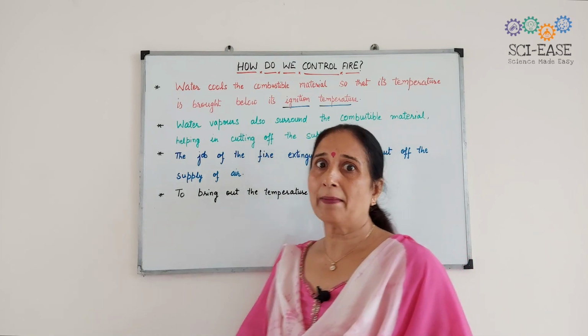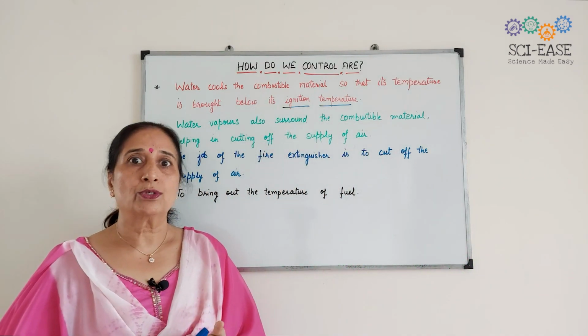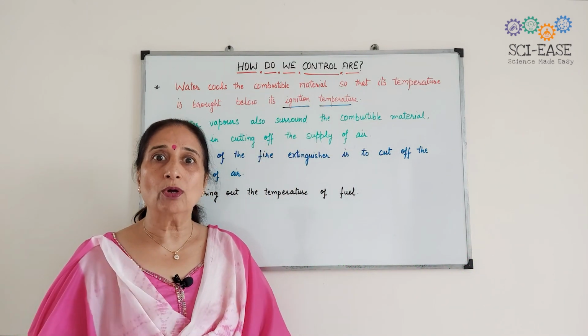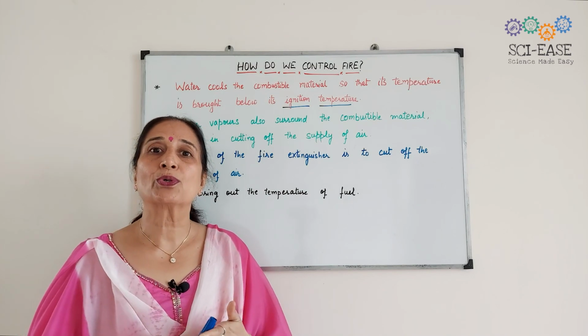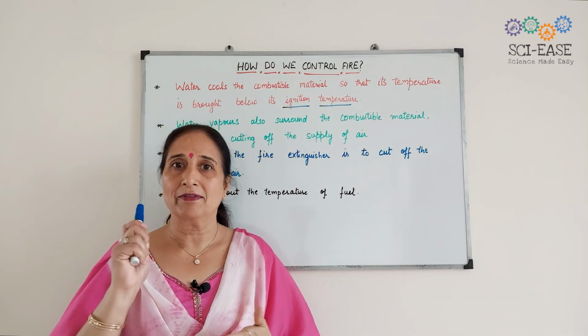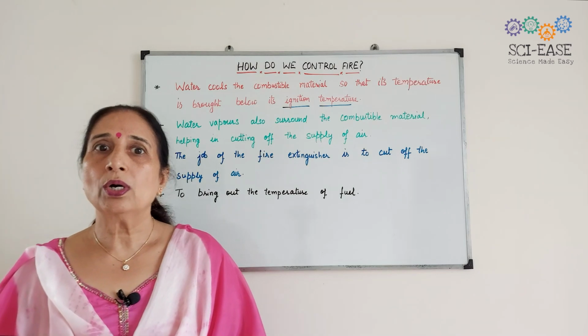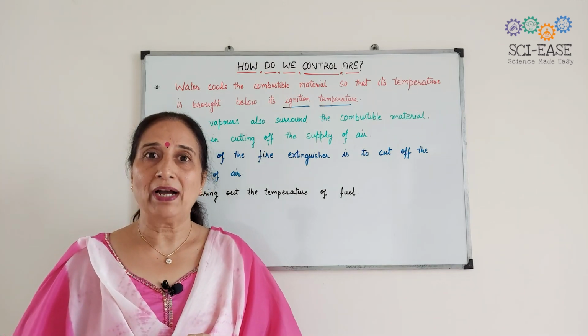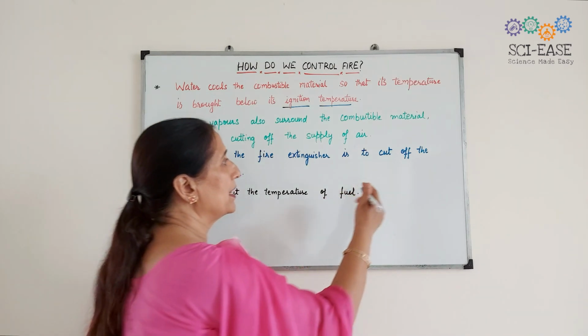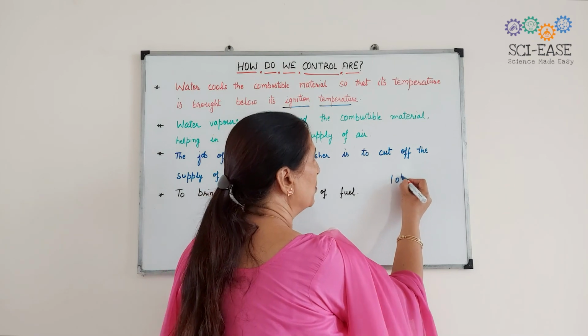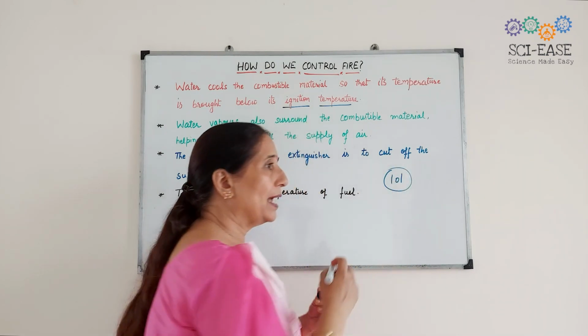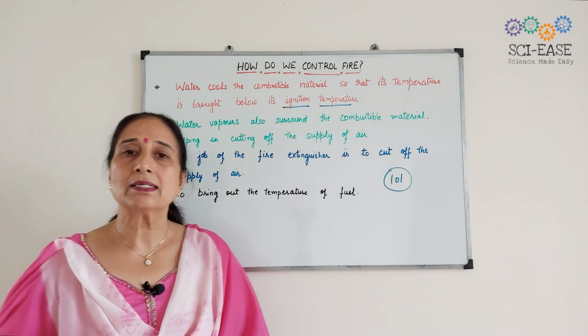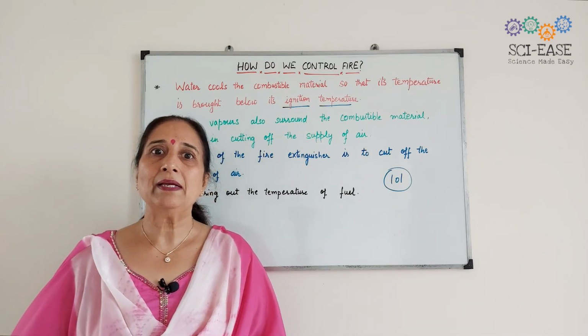So the first step to control fire: you should call the fire service. You must know the phone number of the fire service. It is 101. You must call them so that they can reach the site immediately.